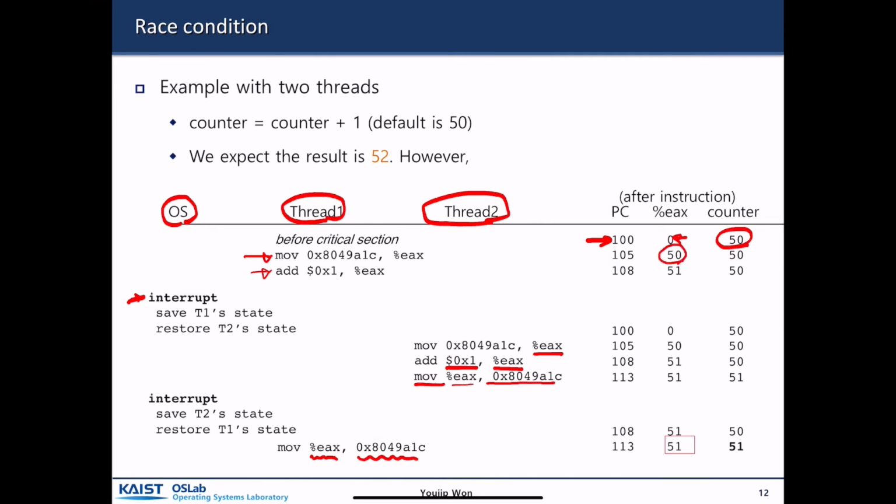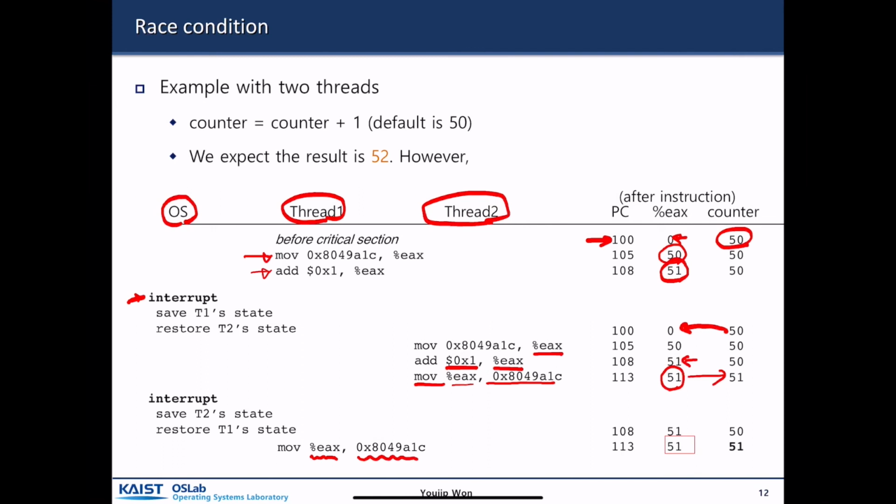And then it increases the register value by 1, so the value of the EAX register becomes 51. A context switch happens, and then thread 2 does the same thing. It loads the memory variable 50 to the EAX register, increases the EAX register value by 1, and then saves the 51, the EAX register value, to the memory.